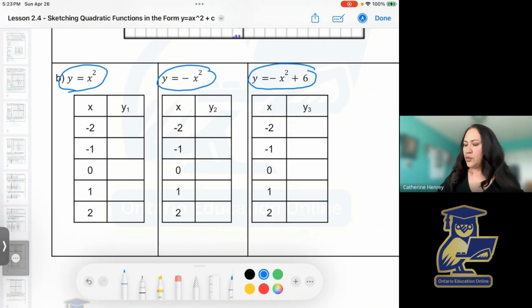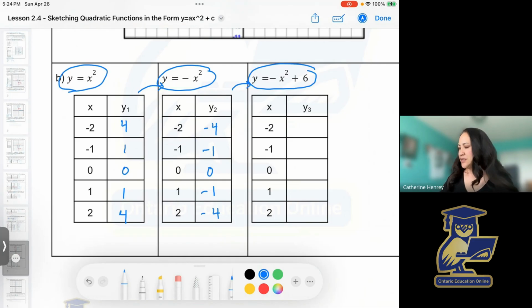So if I start with my original coordinates for the parent function, the y values are 4, 1, 0, 1, 4. And then if I go over to the next table of values, I'm going to have to multiply them by a, so they become negative. A is -1. So all of those values have to be multiplied by -1. And then as I move over, my C is +6.